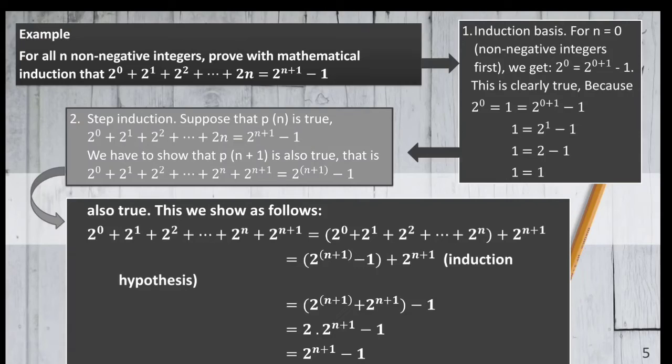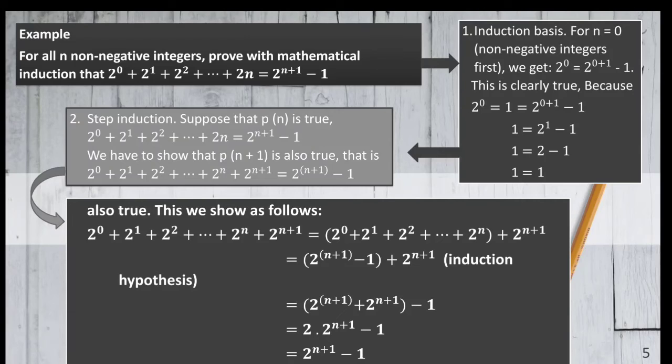That is 2 to the 0 plus 2 to the 1 plus 2 to the 2 plus ... plus 2 to the n plus 2 to the n plus 1 equals 2 to the n plus 2 minus 1. We will show that this is also true.